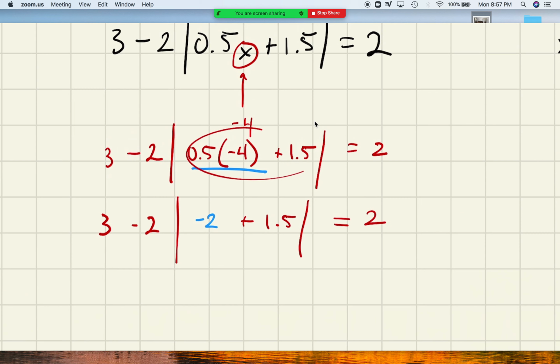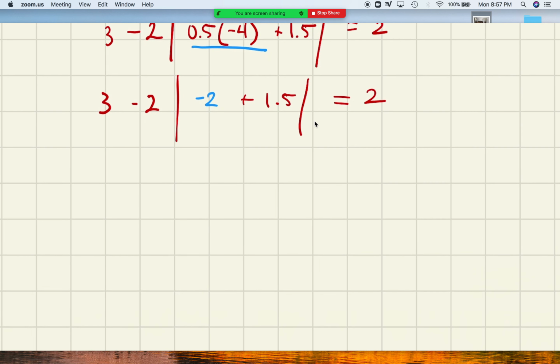I'm working on the stuff inside the absolute value. So I still have multiple things on the inside of the absolute value, so I still work on that. So negative 2 plus 1.5 is negative 0.5. So I have this stays, 3 minus 2, and I have negative 0.5 inside the absolute value.